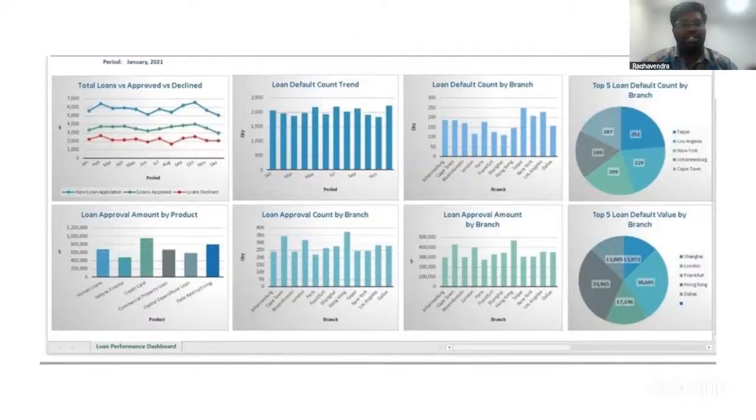I can check for the month of May how many were the applications, how many were the defaults, how many got approved, how many are in progress, because not every application gets through. Some might be in review or some other scenario. So you get all the information for the period of 1 month.